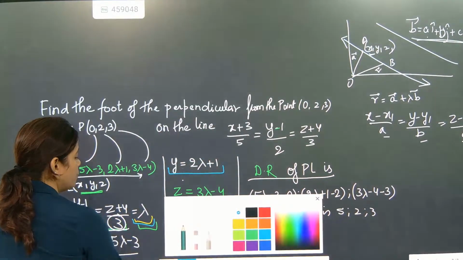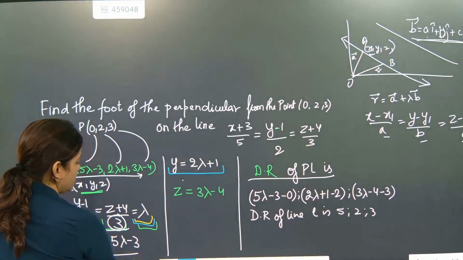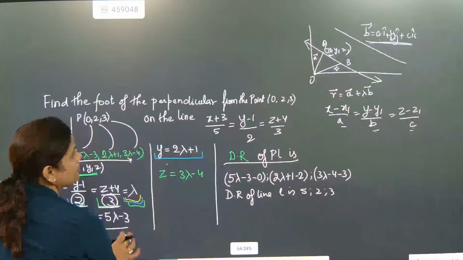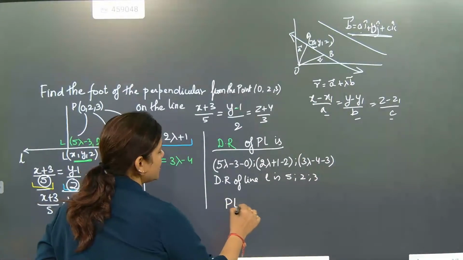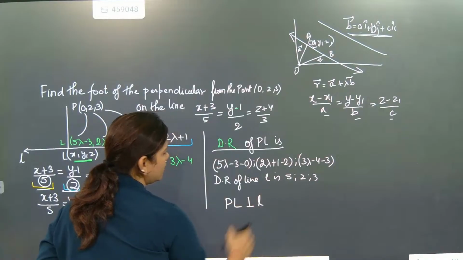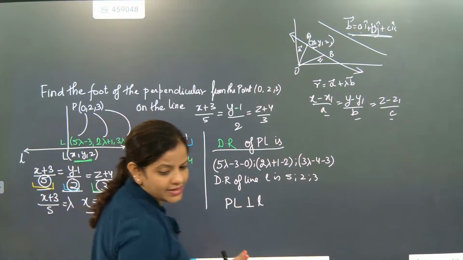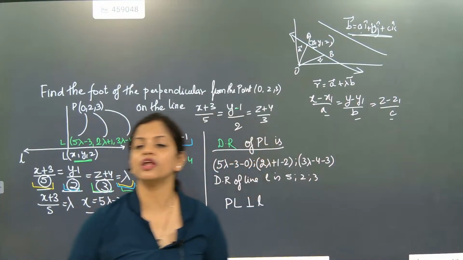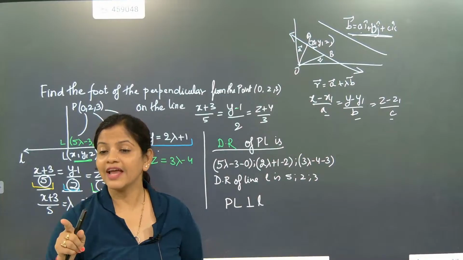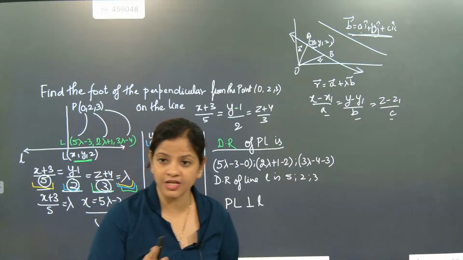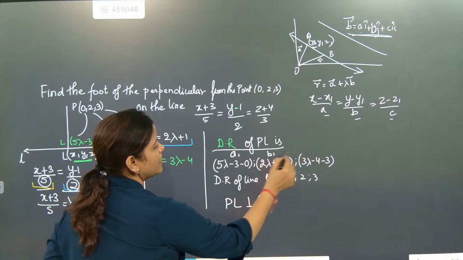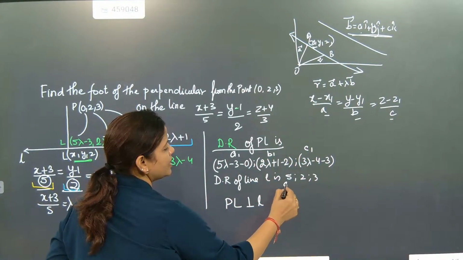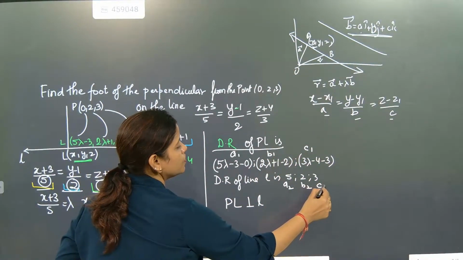Now since both the lines are perpendicular to each other, correct now? Now we will say PL is perpendicular to L. So if two lines are perpendicular, then the sum of the products of their direction ratios will be equal to 0. This one will be A1, B1, C1 and this one is A2, B2, C2.